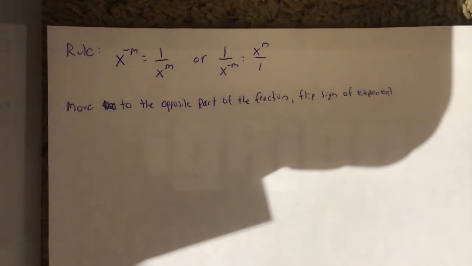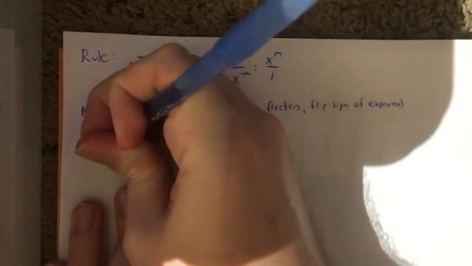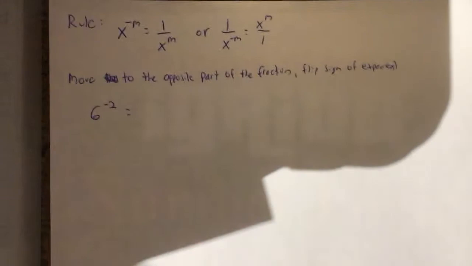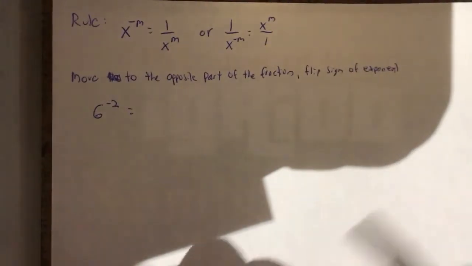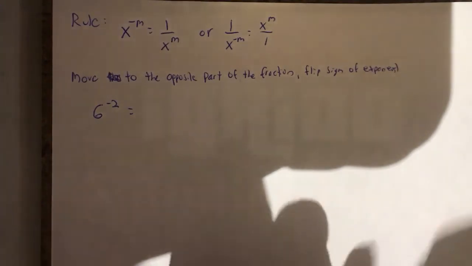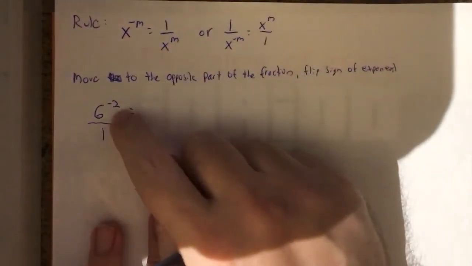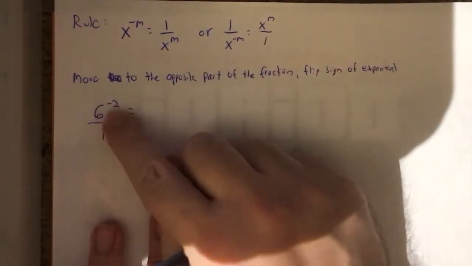So let's look at some examples here, how to apply it. First example, 6 to the negative second. I'm going to rewrite this without a negative exponent. So the first thing, if you're ever stuck, write it as a fraction. In this case, my negative exponent is in the top part of the fraction.